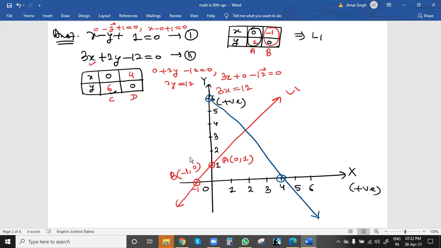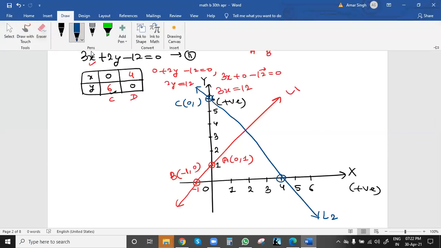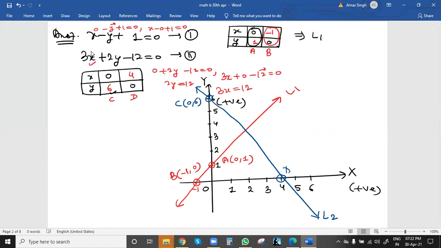You can join roughly with the help of a scale. So this is L2, and these are the points C (0, 6) and D (4, 0).